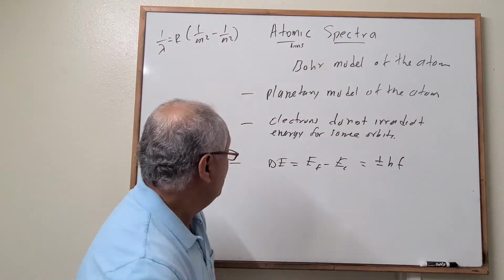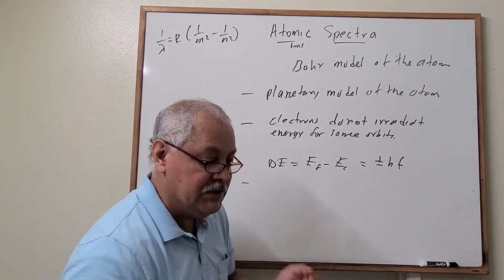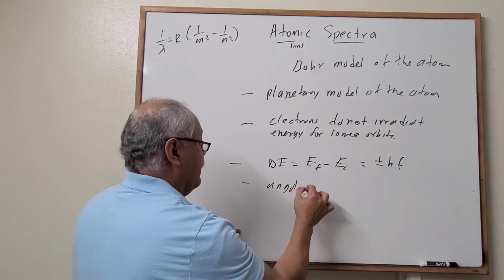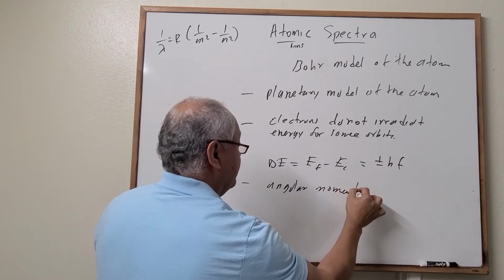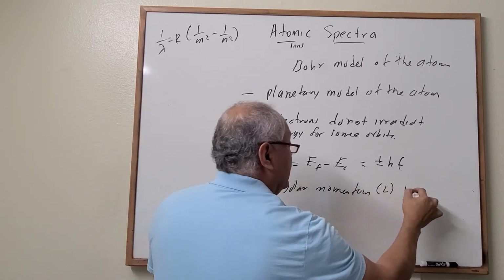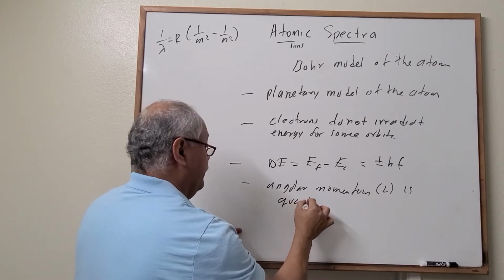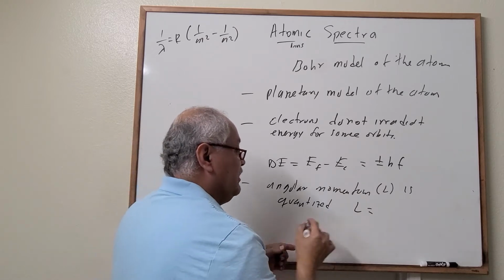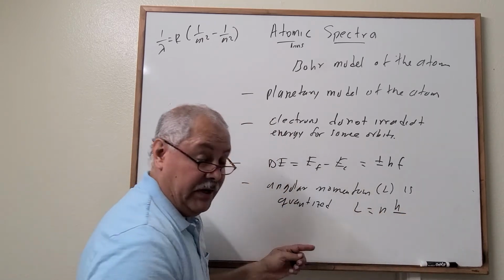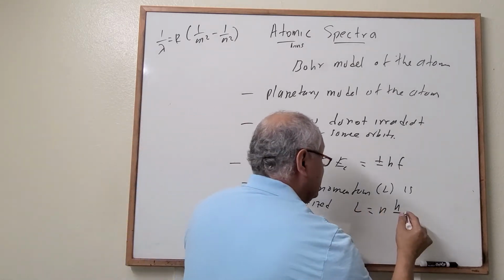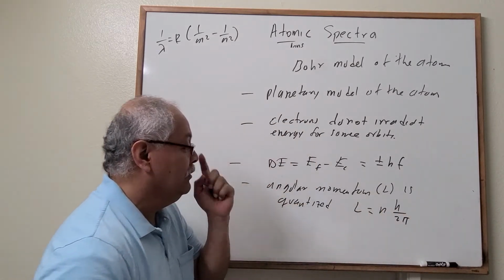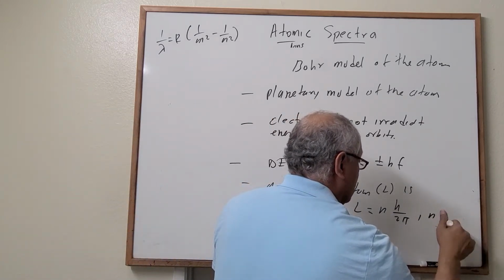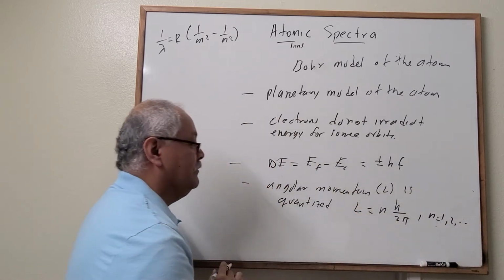We have another statement for this model, which is that angular momentum is quantized. The symbol is L. Bohr found this angular momentum is equal to n times h, remember h is Planck's constant, divided by 2 pi. n is a whole number: 1, 2, 3, and so on.